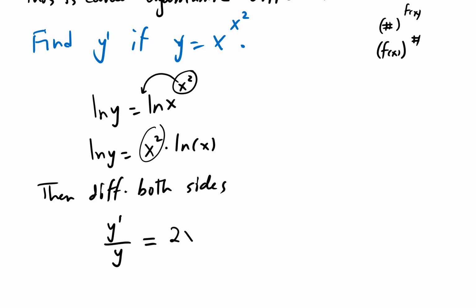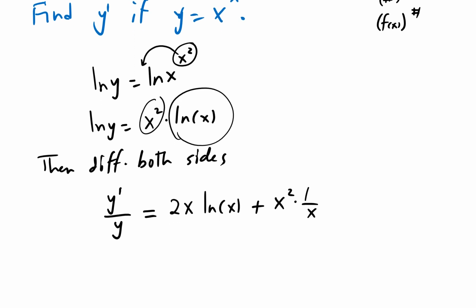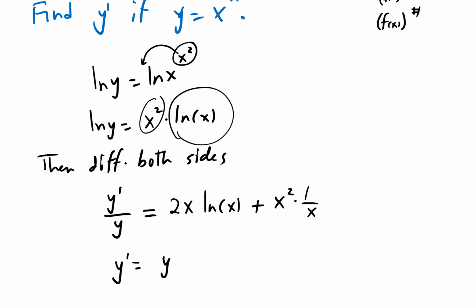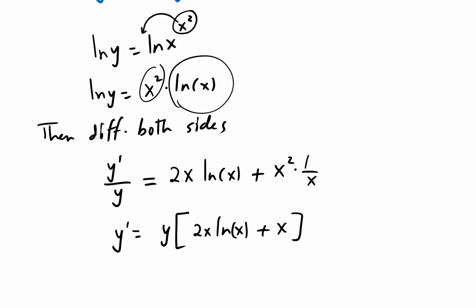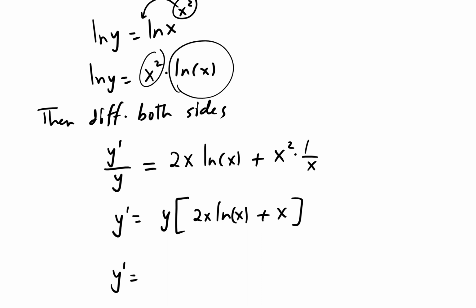It's 2x by the product rule times the second function plus, keep x squared, the derivative of this is 1 over x. Then you can multiply both sides by y. This stays the same. This simplifies to x. But remember to replace the y with x to the x squared. Keep this the same, plus x.